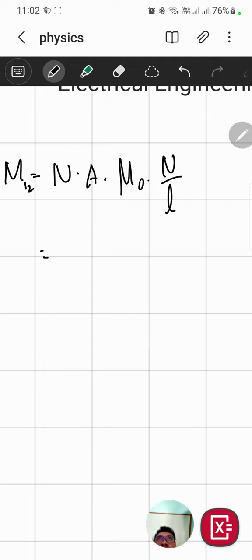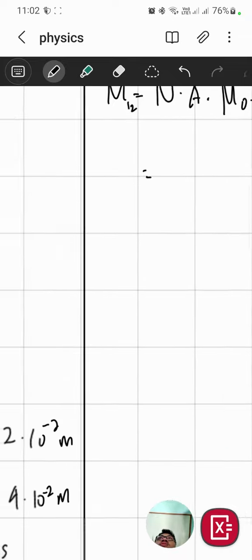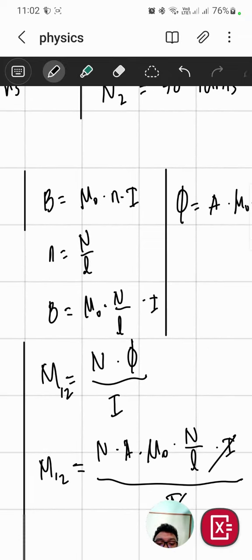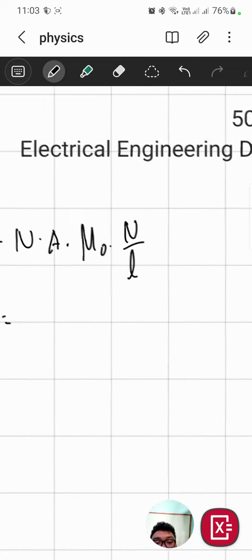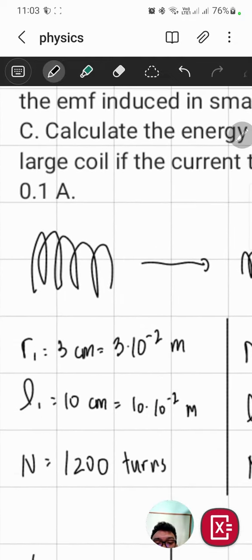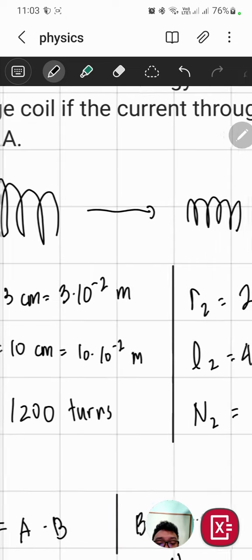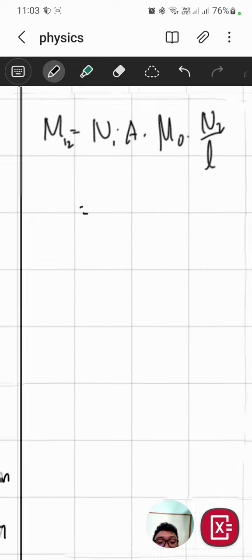So we can input these known numbers. There are two N, so there is N1 and N2. N1 is 1,200 turns, and the second coil is 50 turns.